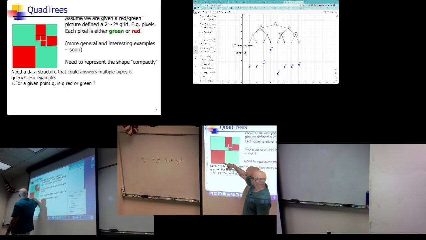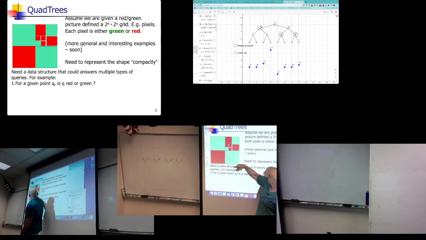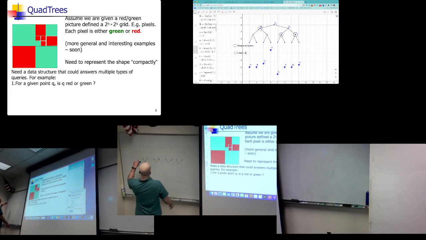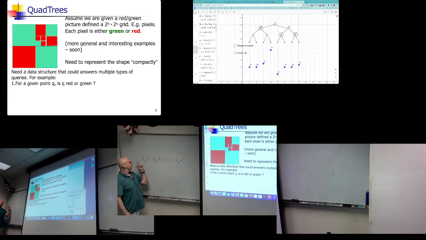We are assuming that pixels on the x are between 0 to 2 to the m, or more conveniently between 0 to 2 to the m minus 1. So, for example, if my pixels are 0, 1, 2, 3, 4, 5, 6, 7, and I'll give you a number in binary.